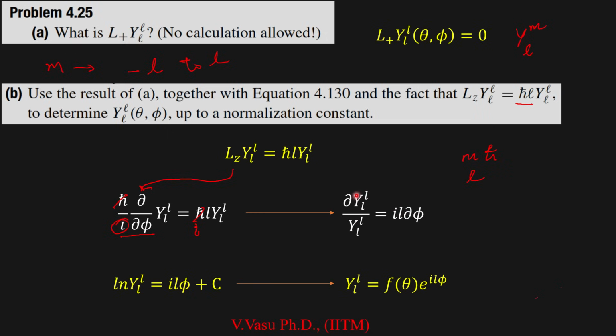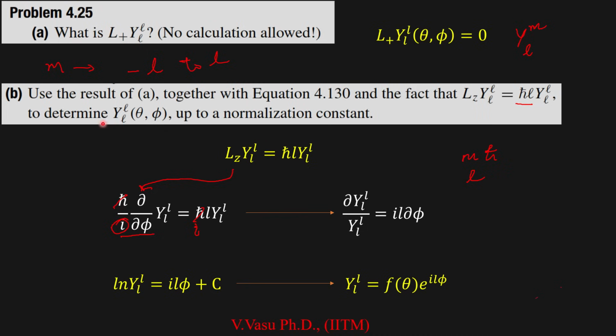So if you integrate, what will happen? The left hand side will become the natural logarithm of Y_l^l, and the right hand side i l phi plus an integration constant.